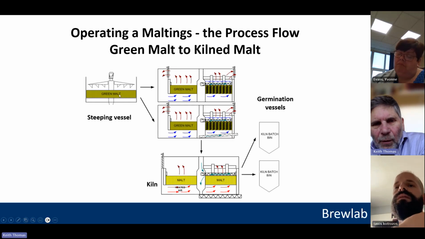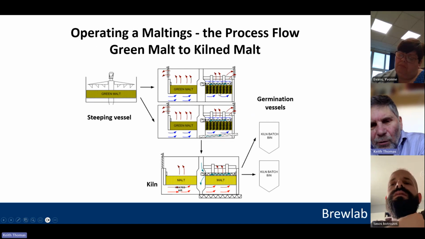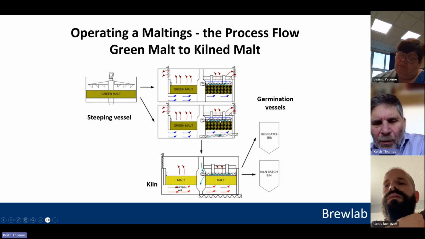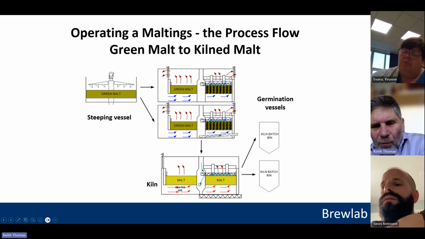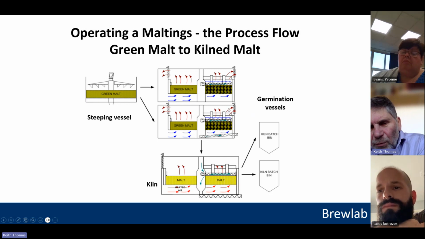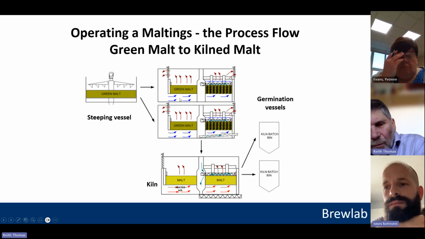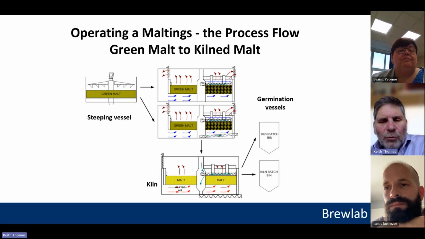In the steeping vessel, then you've got green malt going in, you've got the circulatory process, which we talked about, how long it takes, draining it, filling it again, and so on. And eventually it goes into the germinating vessels and into the kiln. So there's movements all the way through, movements of air, of the material and of water, and drying.